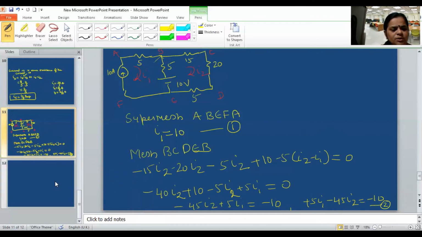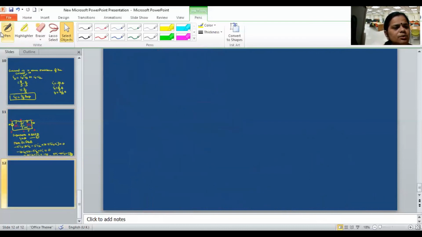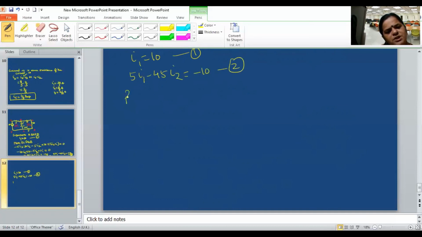Now what is equation number 1? Equation number 1: I1 is equal to 10. Equation number 2 is 5 I1 minus 45 I2 is equal to minus 10. Now put I1 equal to 10 from equation 1 into equation 2.